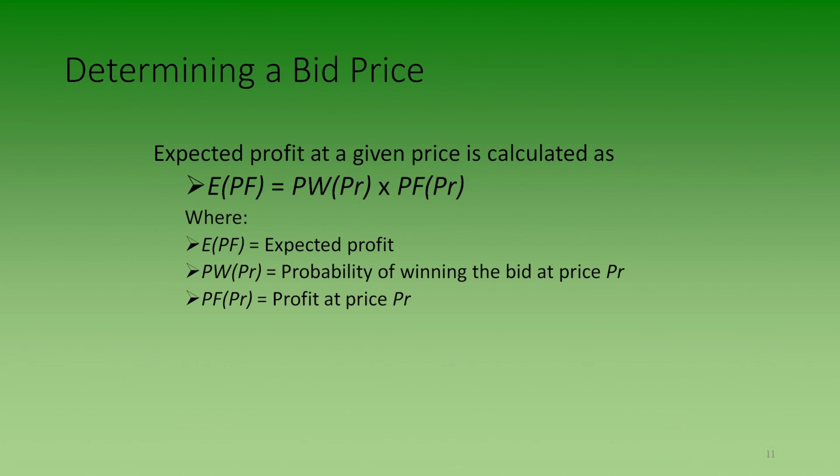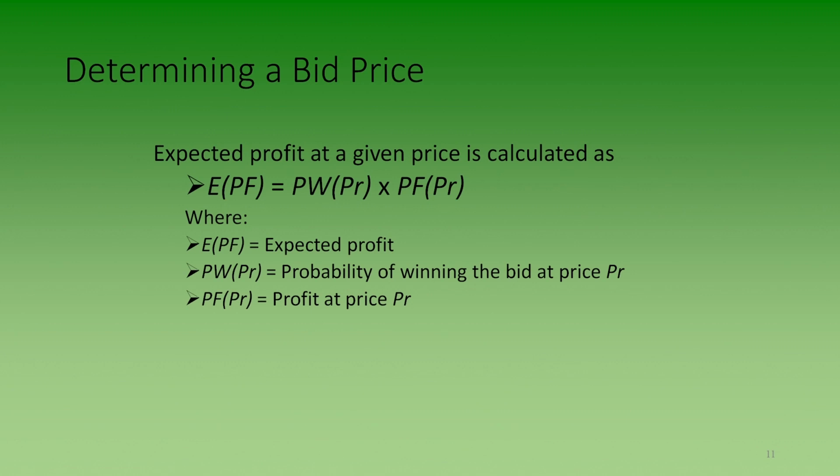Expected profit is P(W) times PR, which is the probability of winning at that particular price PR, and the next is the profit at the price PR. So, if we are setting a price PR, then the probability of winning the bid at that price is the first factor, and the profit that we are going to make at that price is the second factor.